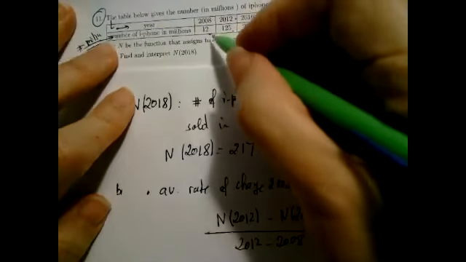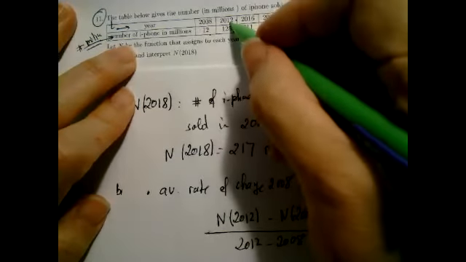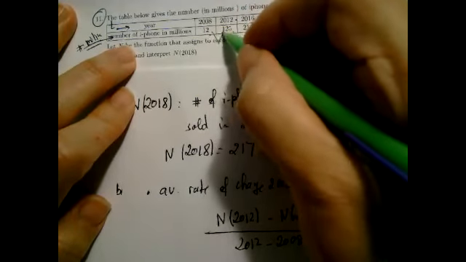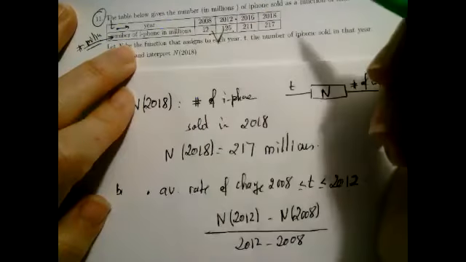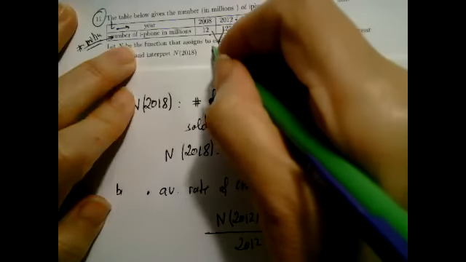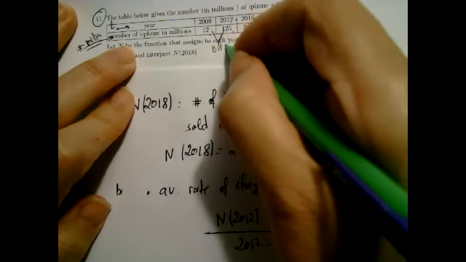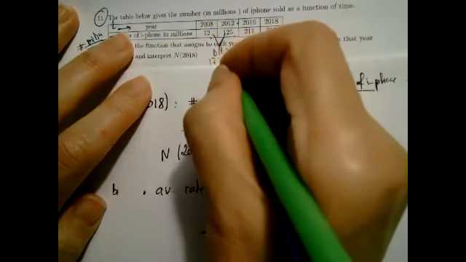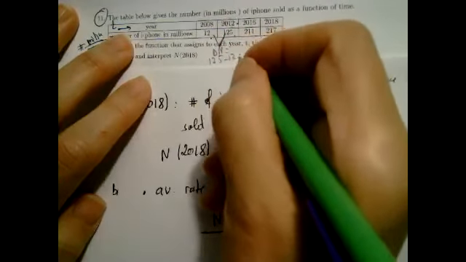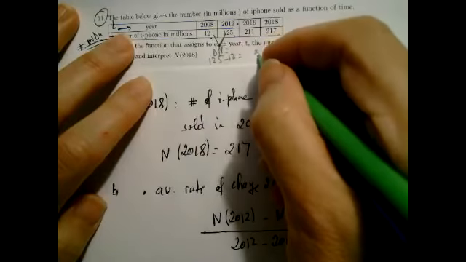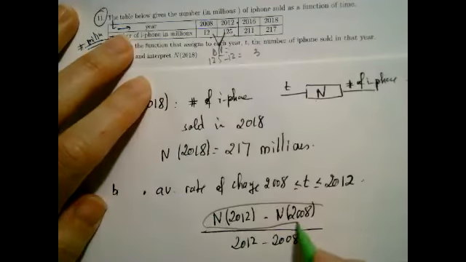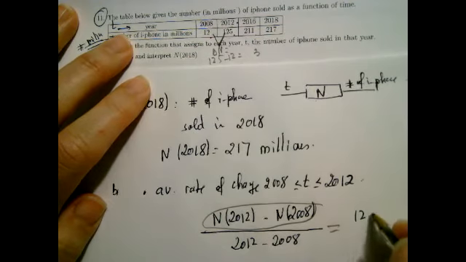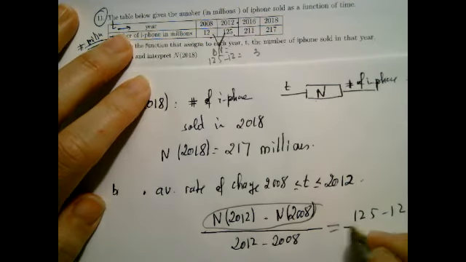So basically what we're doing, between 2008 and 2012, the number of phones sold changed. So that's the change in the number of iPhones sold. That's the 125 minus 12.